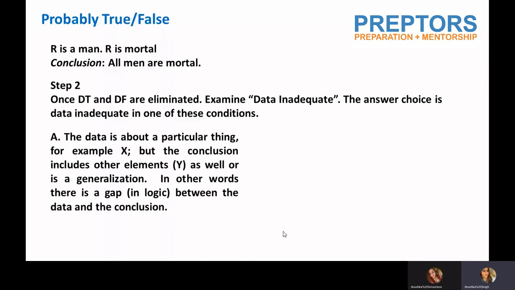When I say generalization, it means there's a logical gap between the data and the conclusion, right? So the data is about a particular thing, which is X, and your conclusion includes other elements as well, right? So the above example becomes an example of data inadequate, because obviously I'm talking about R and my conclusion is about all men. So this is a fine example of generalization. With information about one man, I can't conclude about all men, right?